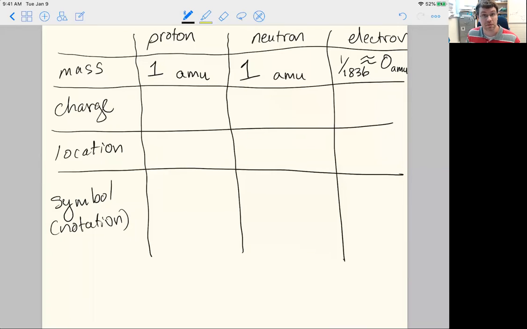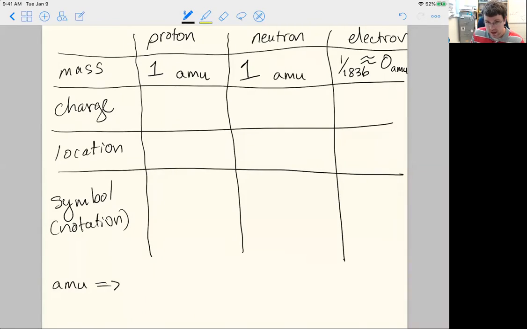We do have instruments here at Ripon College that can detect the differences of molecules that have lost or gained electrons, but that's not something we're going to talk about too much in this class. So as a result, we'll mostly consider the electron to be 0 AMUs. So AMU, we'll denote that down at the bottom of our table.